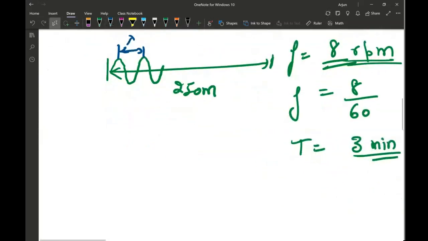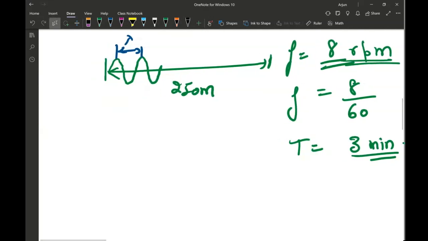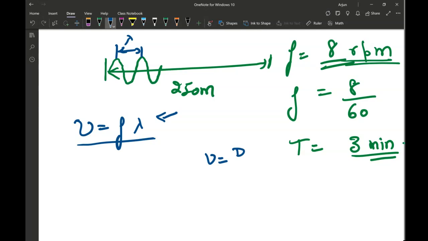Now I'm going to talk about a couple of formulas which I didn't talk about while covering the basics. So speed is equal to frequency times lambda. That's how we measure the speed of a wave. Previously, we were using speed equal to distance divided by time.